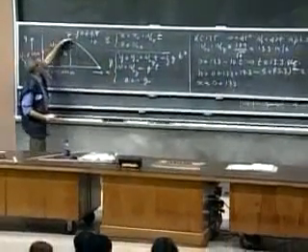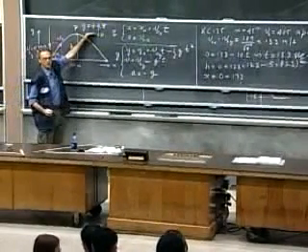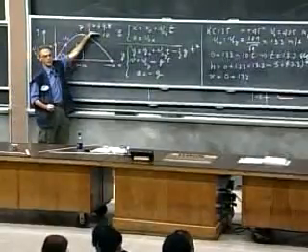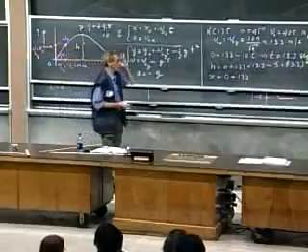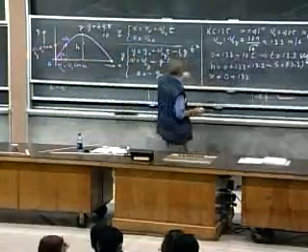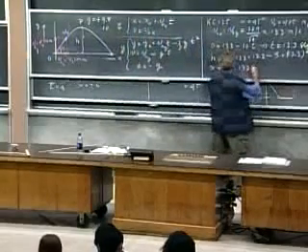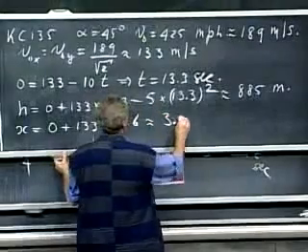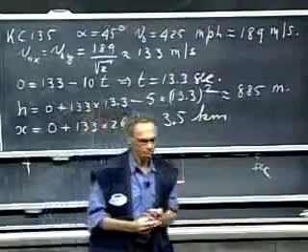When the plane is here, that velocity in the x direction is the same 133 meters per second as it was here, which, by the way, is about 300 miles per hour. That never changes if there is no air drag or air friction of any kind. So we get plus 133 times the time, and the whole trip takes 26.6 seconds, and that, if you convert that to kilometers, is about 3.5 kilometers.